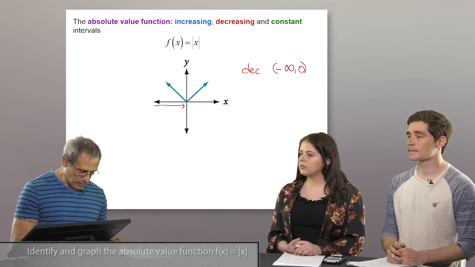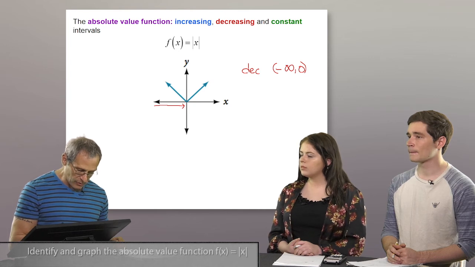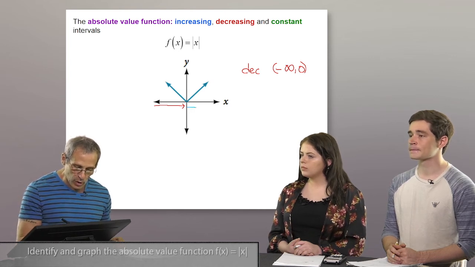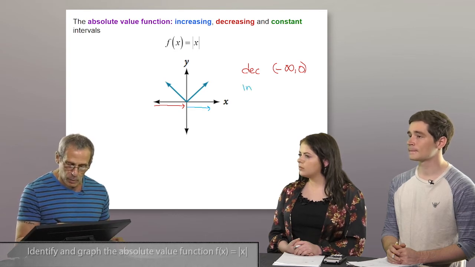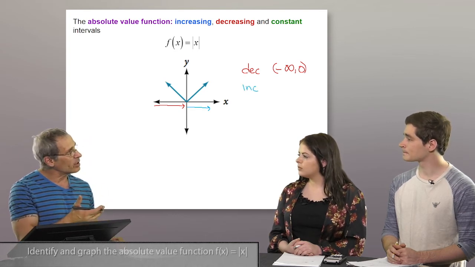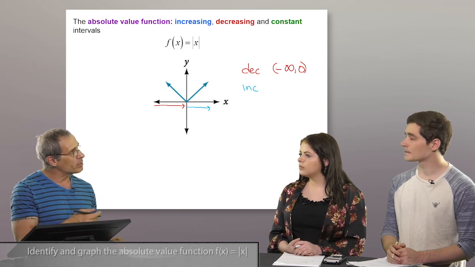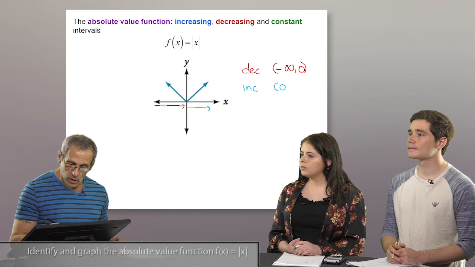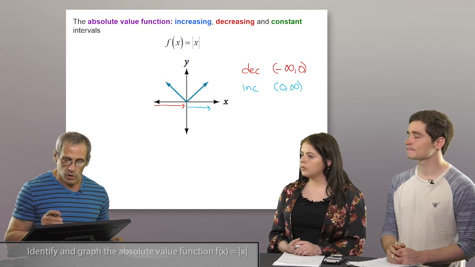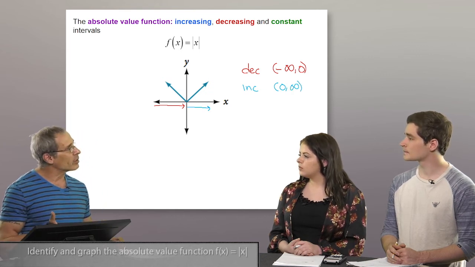Now notice, to the right of 0, the graph seems to go upward. So where this graph is going upward, we have an increasing interval, and that interval would be 0 to infinity, because it's all values of x that are greater than 0.